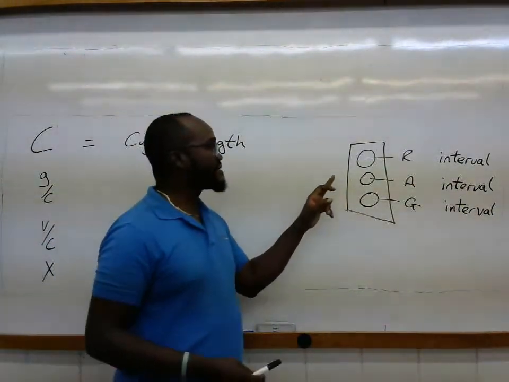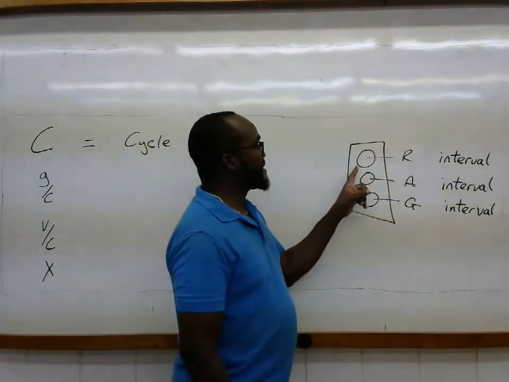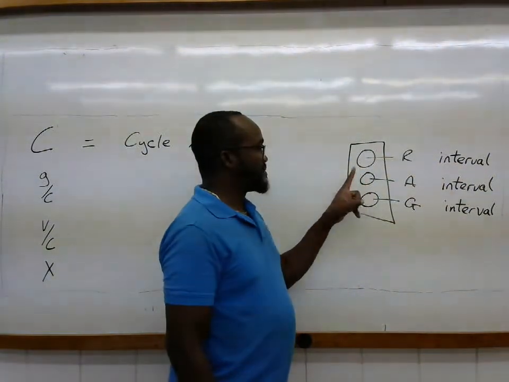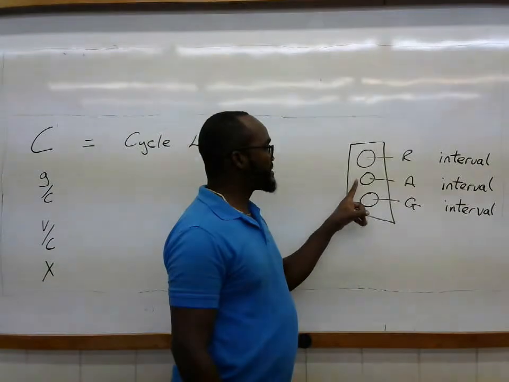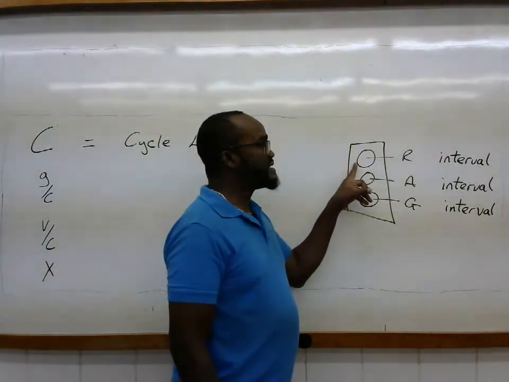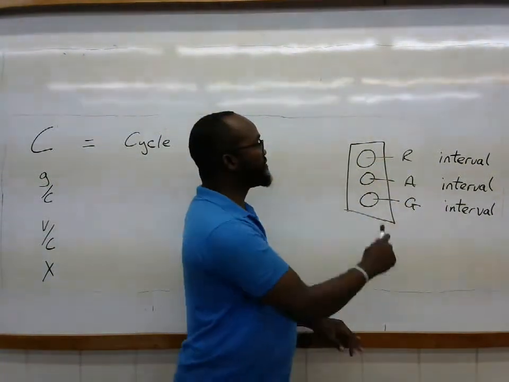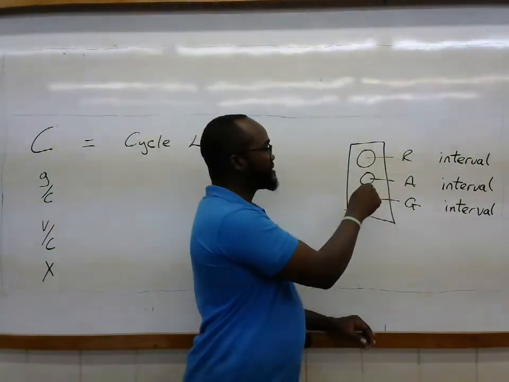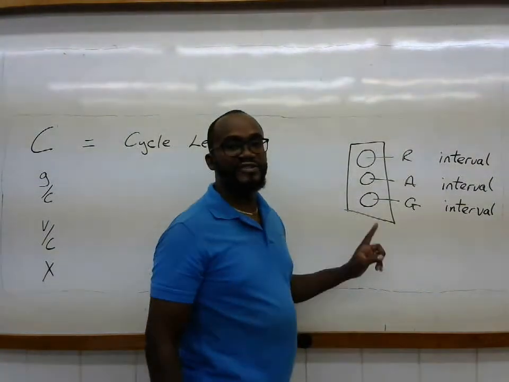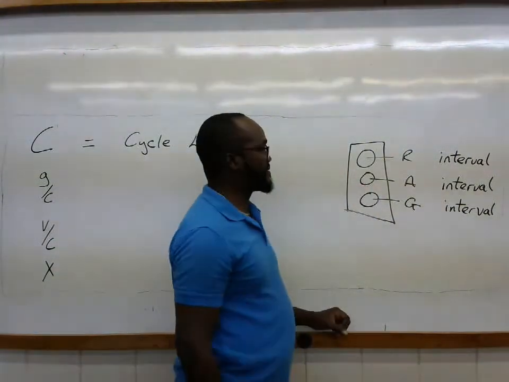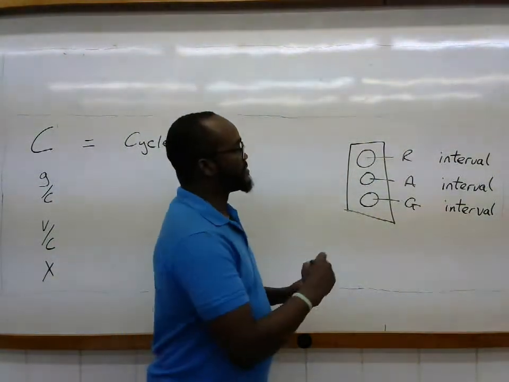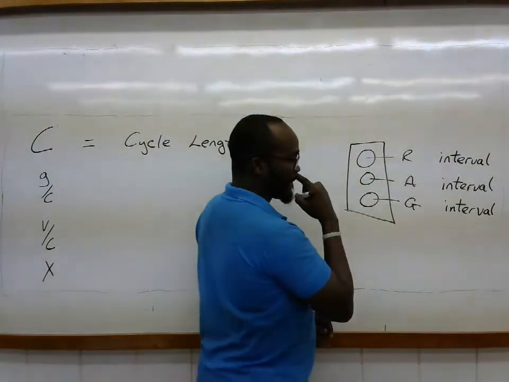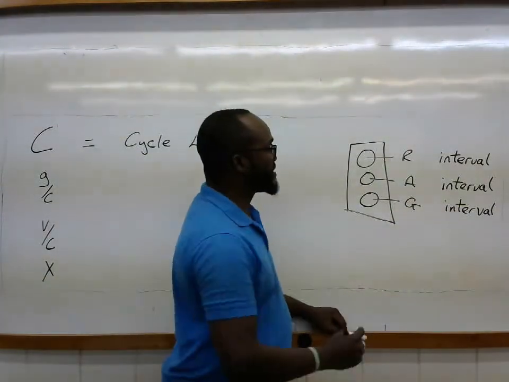So the cycle length, just to be clear, would be the time from the initial red showing plus the green plus the amber and back to the initial red showing. So the time it takes to go from red to red. So beginning of red to green to amber to beginning of red is your cycle length. The red interval will have a particular time. The green interval also has a particular time.